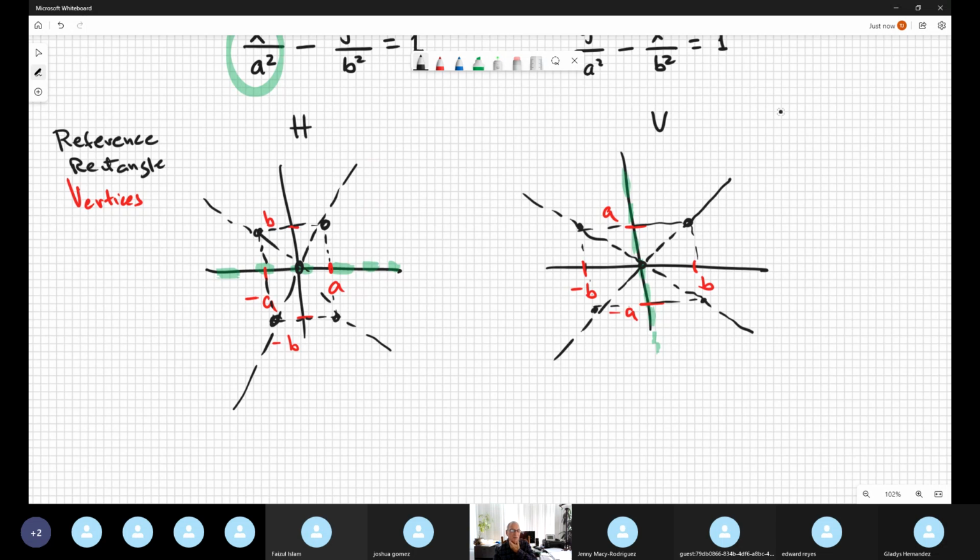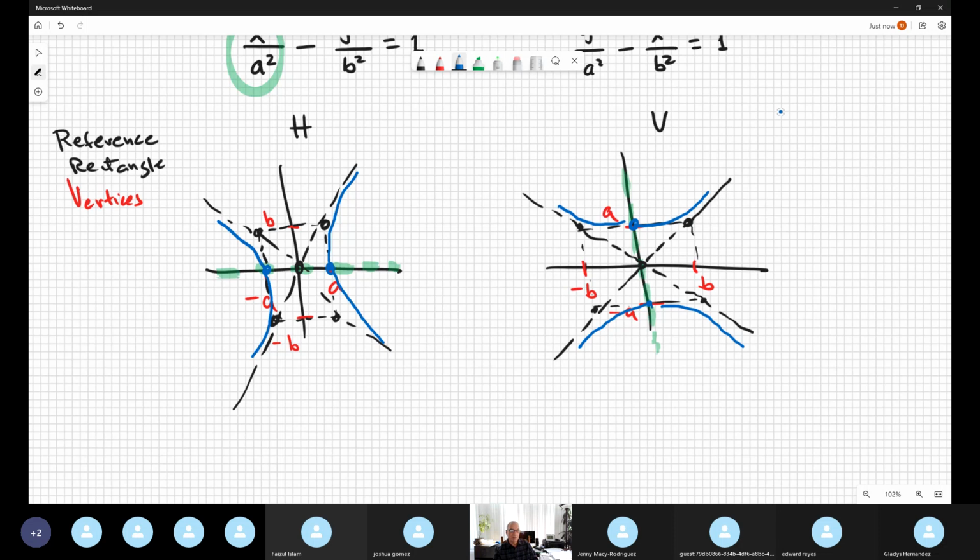But to do the graph, only a good approximation, the hyperbola passes through the vertex and asymptotically approaches this asymptote. The other branch passes through the vertex asymptotically to this. Okay, and here similar, passing through the vertex asymptotically to this. And here passing through the other vertex asymptotically to this.